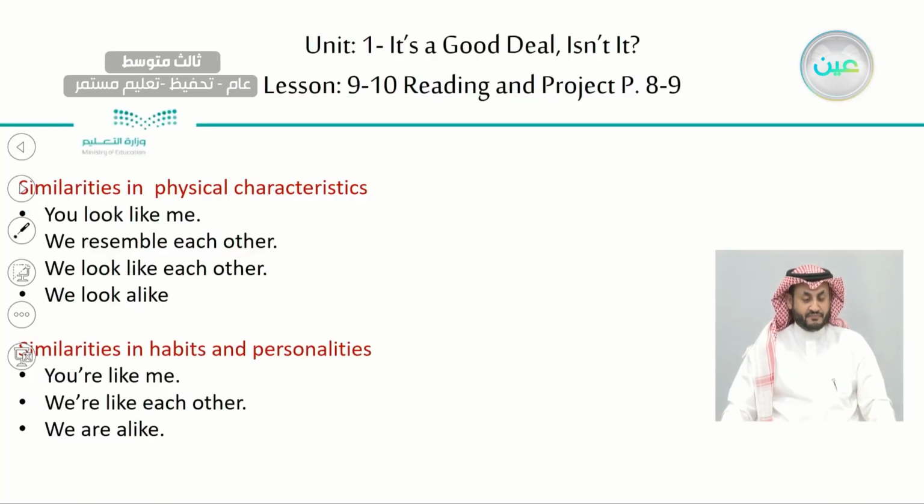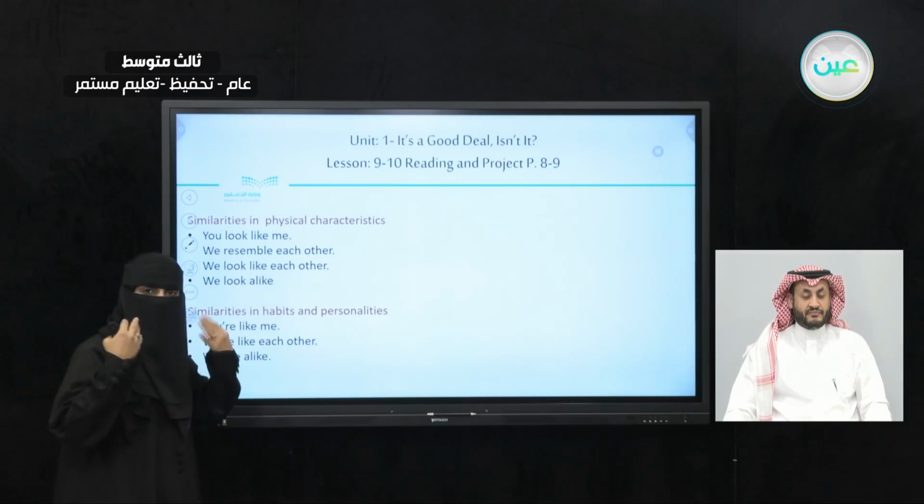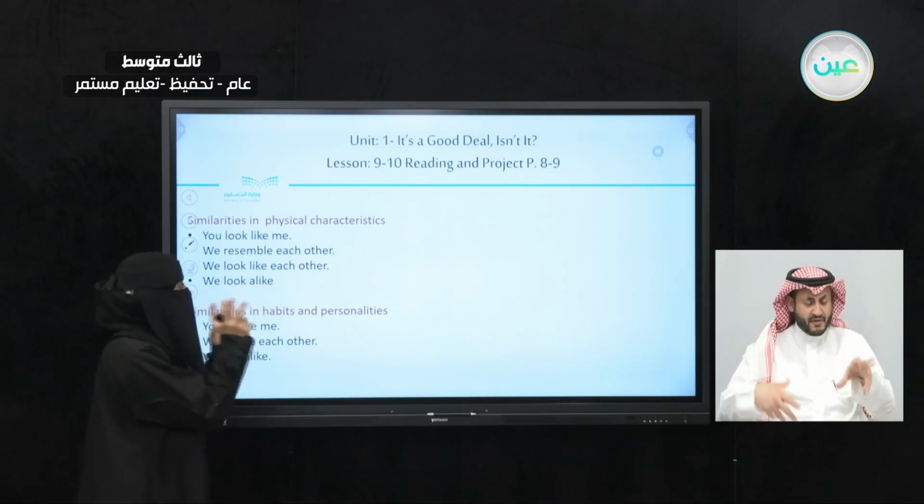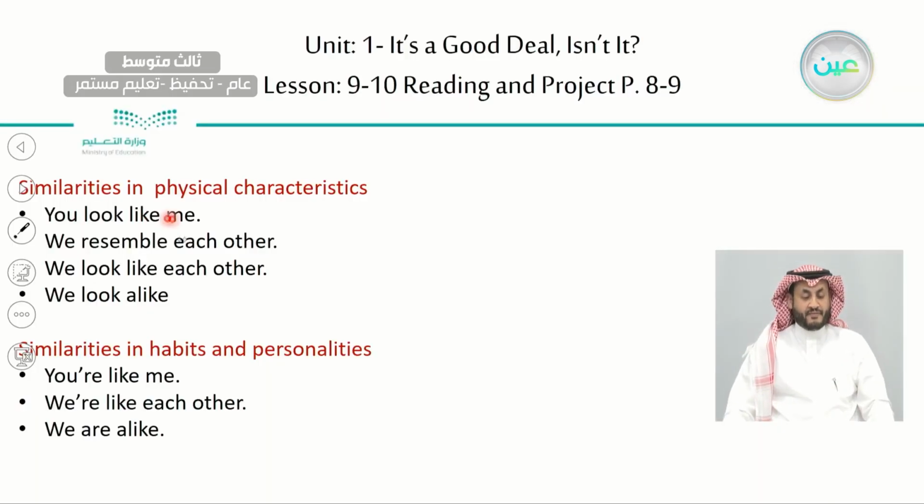Now let's look at these words. You can't find it in our book. We said that twins look similar in physical appearance, and also they look the same in personality. So when you are talking about similarities in physical characteristics, the way they look, their facial structure, their body shape, the physical thing, you say, you look like me.